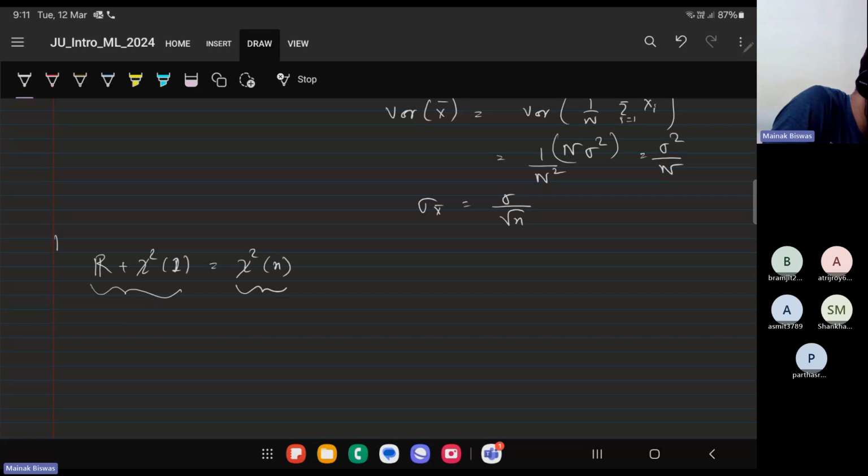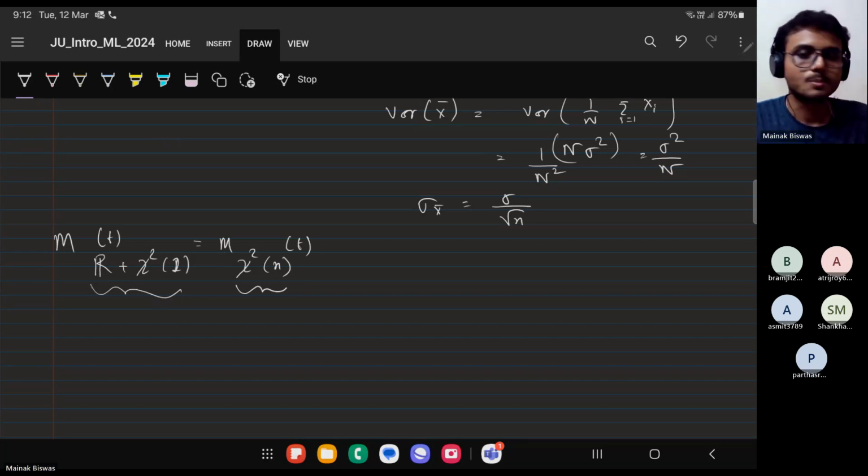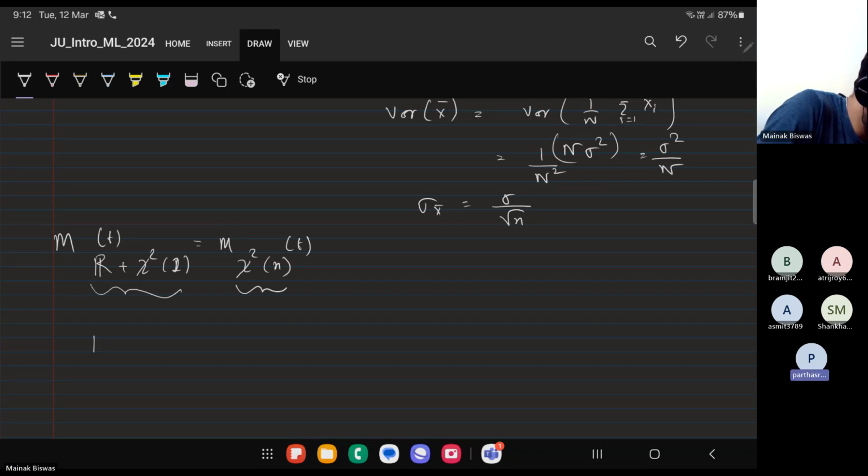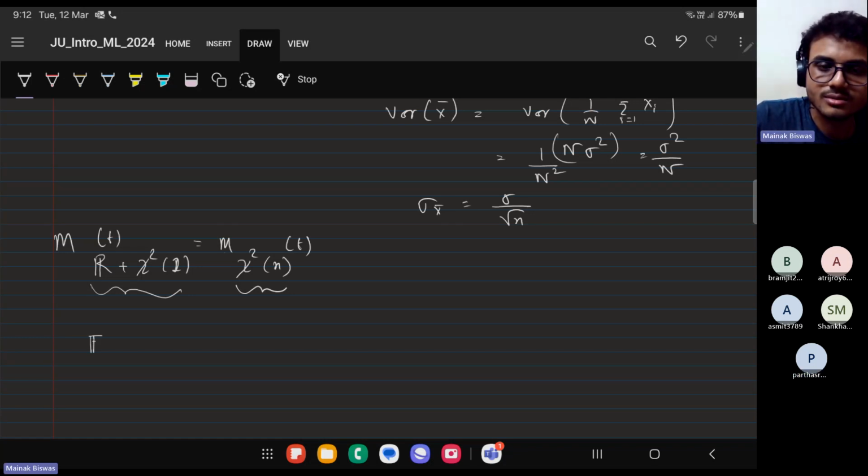I can find the MGF of both. They'll be equal because their distributions are equal, yes or no? The MGF of both will be equal, because the distributions are equal.